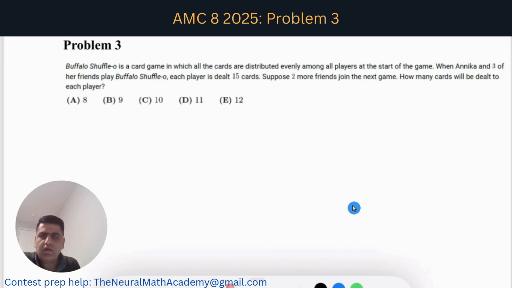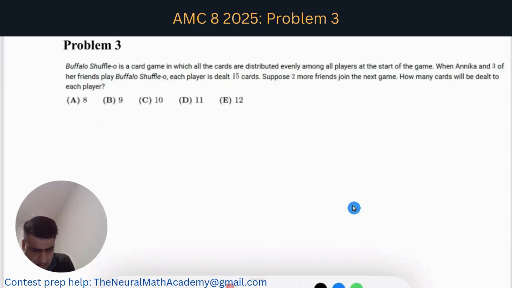So now let's look at problem 3. That is about a card game in which Anika and 3 of her friends are playing, and each player has 15 cards. And we have to find out, when 2 more friends join the game, how many cards each player will have.